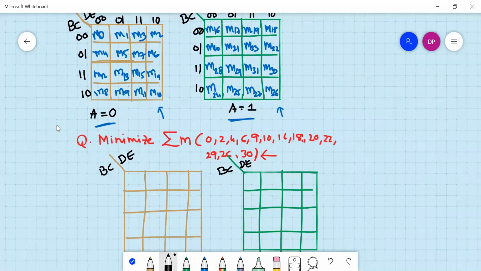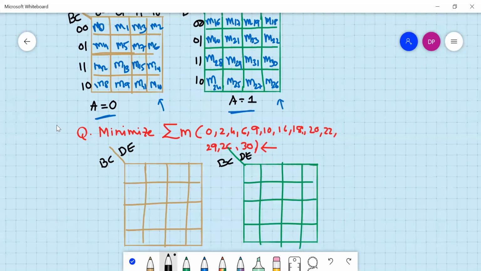Now you can say min terms are given at 0 to, I will substitute the value. 0 means here it is 1, then 2, here it is 1, then 4, this 1, then 6, then you have 9, then you have 9, then you have 10, this is 10.